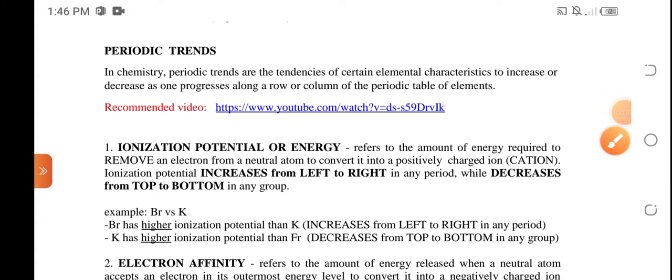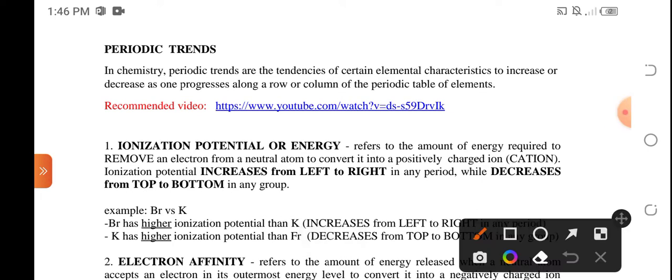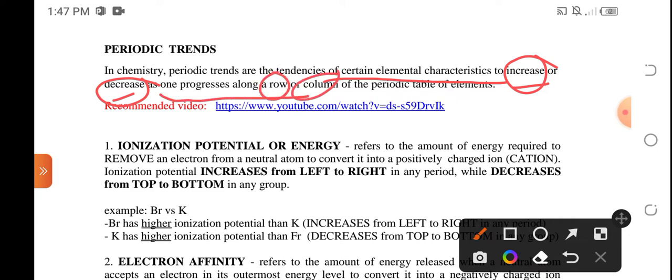Okay, so periodic trends. In chemistry, periodic trends are the tendencies of certain elemental characteristics to increase or decrease. Okay, so ang pinag-uusapan lang natin dito ay increase or decrease as one progresses through a row or a column of the periodic table.